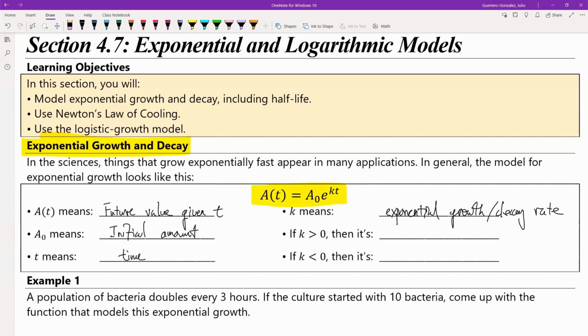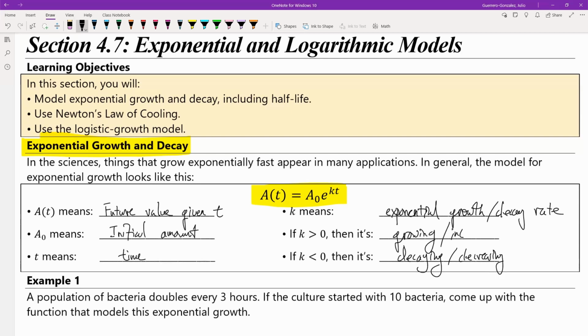Some nice stuff about exponential growth and decay: if your k is bigger than 0, you know it's growing, or increasing. If your k is less than 0, it is what we call decay, or decreasing.